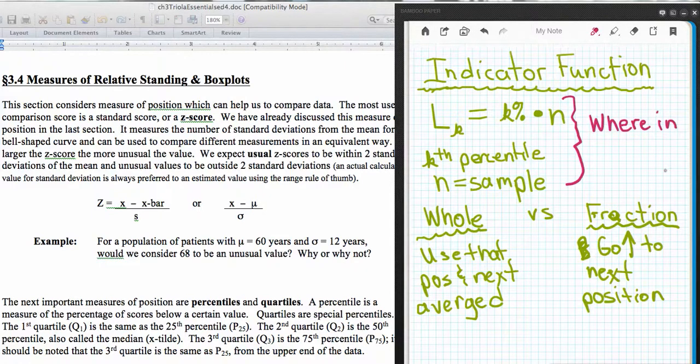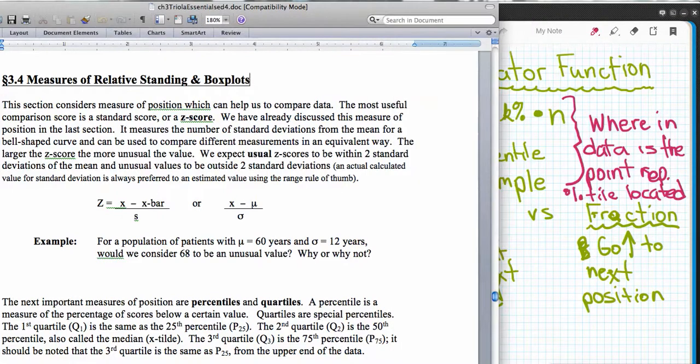It is not the actual value yet, it's just the where in the data. Okay, so what we're doing is we're doing a location, right? We're finding the location of this.